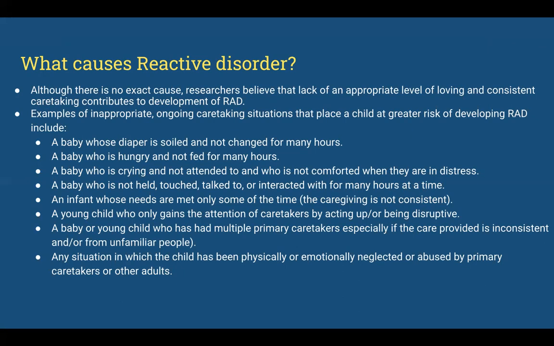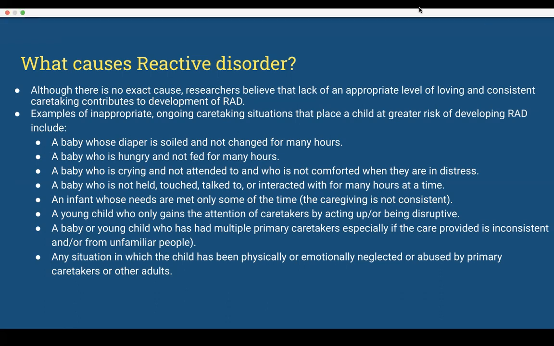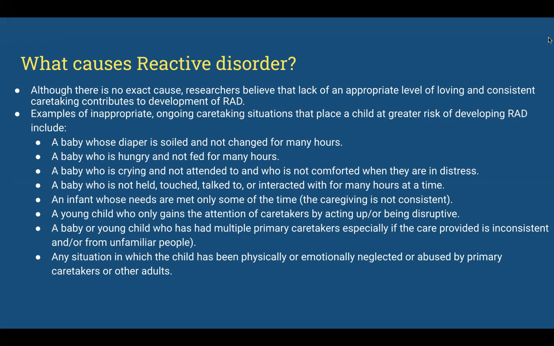Some examples of inappropriate ongoing caregiver situations that place a child at risk of developing RAD include a baby whose diaper is soiled and not changed for hours, a baby who is hungry and not fed for many hours, a baby who is crying and not attended to, who is not comforted when in distress, a baby who is not held, touched, talked to, or interacted with for many hours at a time, an infant whose needs are met only some of the time, meaning the caregiver is not consistent, a young child who only gains the attention of caregivers by acting up or being disruptive, a baby or young child who has had multiple caregivers, or any situation in which the child has been physically or emotionally neglected or abused by primary caretakers or other adults.